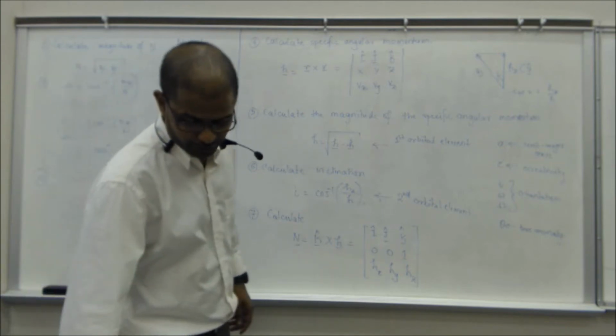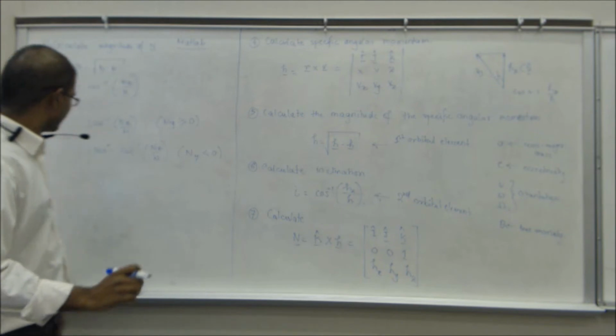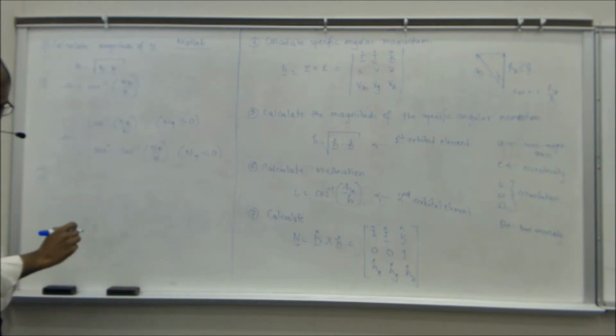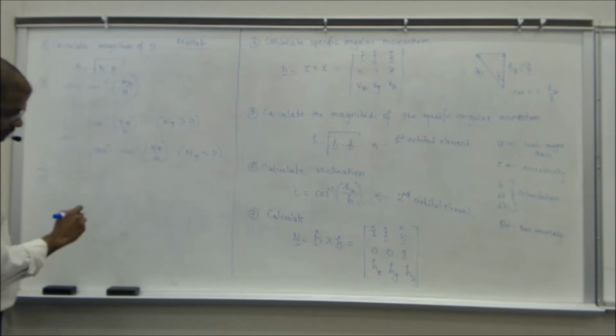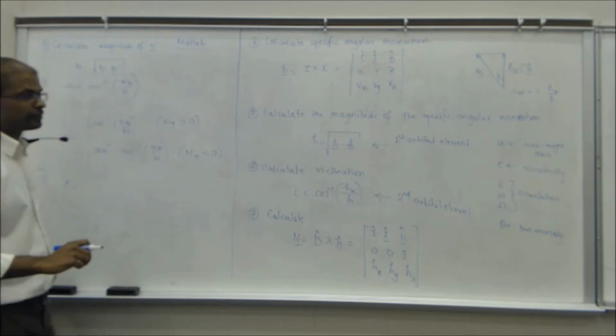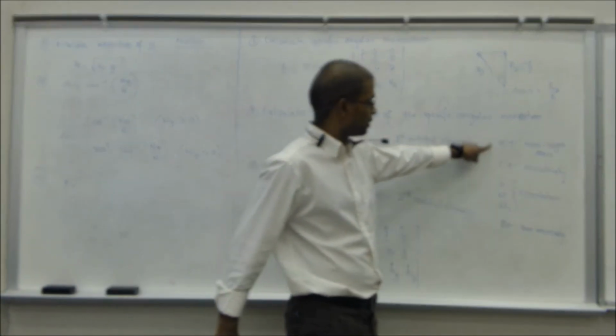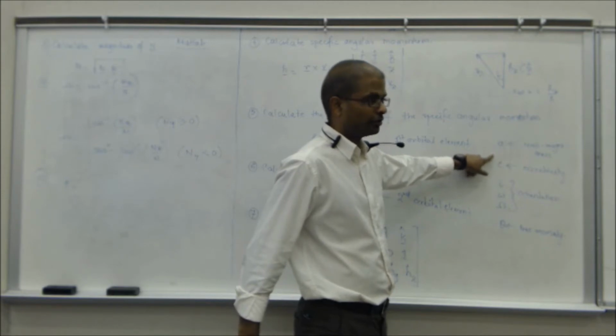I think you need to learn. All right, the next. I gave you the orbital elements here. Okay. And see, this is what happens if you don't come on time.